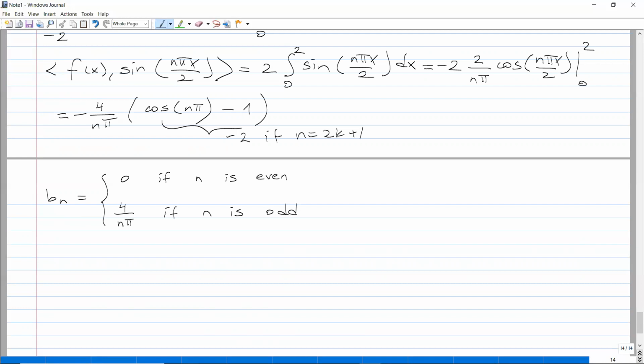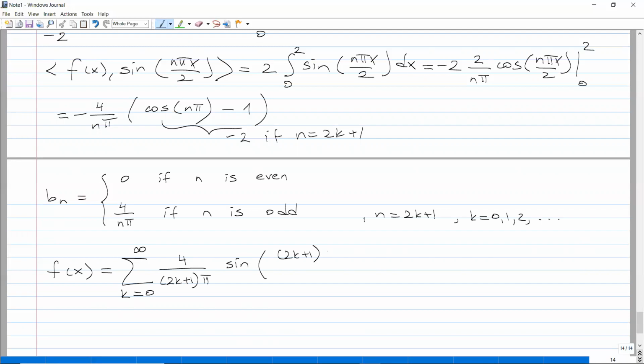So the function f of x is equal to, for odd n, we take n equals 2k plus 1. k starts from 0, because k equals 0 gives n equals 1. So this is the sum, k from 0 to infinity, of 4 over (2k plus 1) pi times sine of (2k plus 1) pi x over 2.